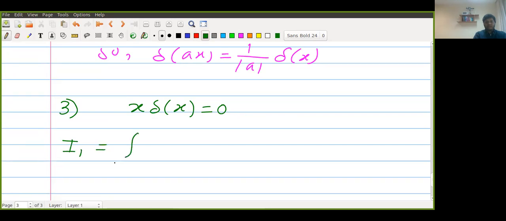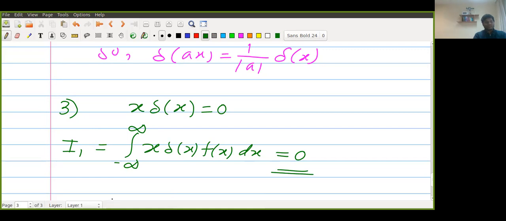I1 is the integral from minus infinity to plus infinity of x delta of x f of x dx. At x equals 0, this should be equal to 0. This function is defined at x equals 0, so this function is not 0. That means this quantity should be 0. So this is also proved.